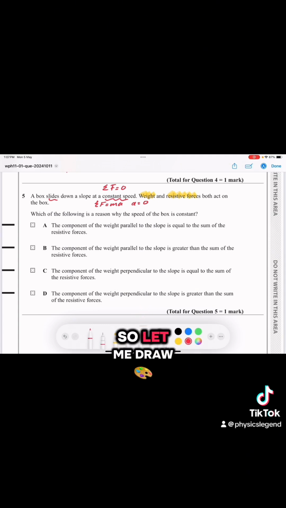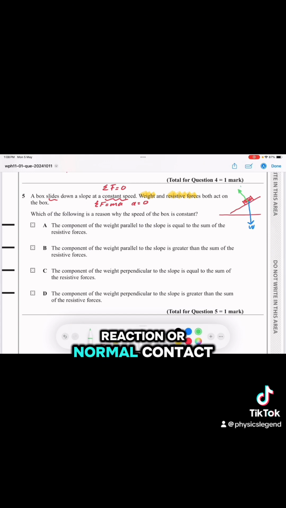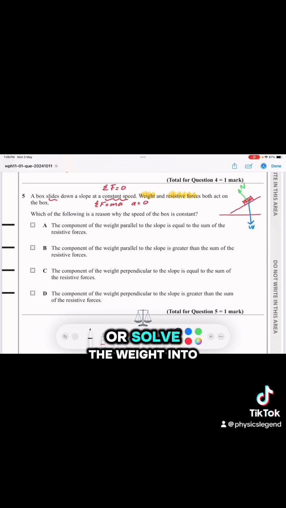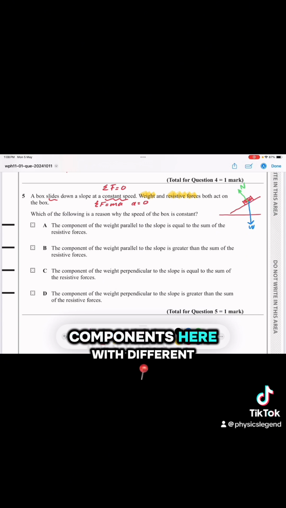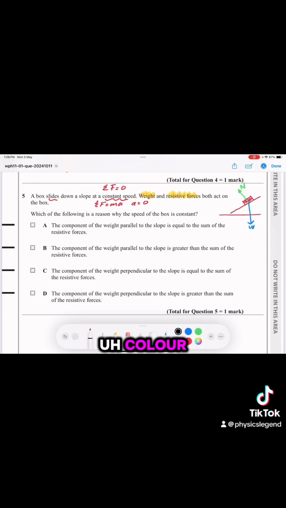Okay, so let me draw the diagram here. We have a slope and there is a box. The weight is acting on the center of mass, and on the inclined slope there is the reaction, or normal contact force, from the surface. Let me resolve the weight into two components, drawn in different colors.